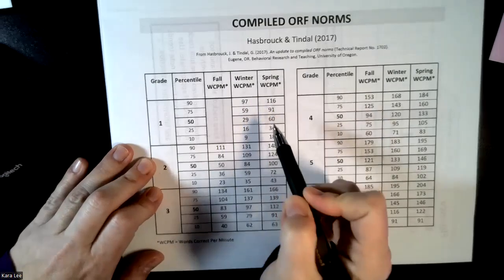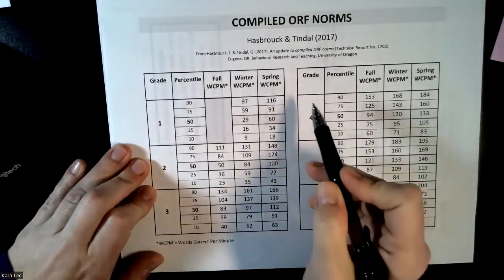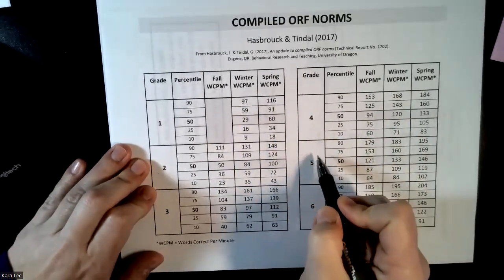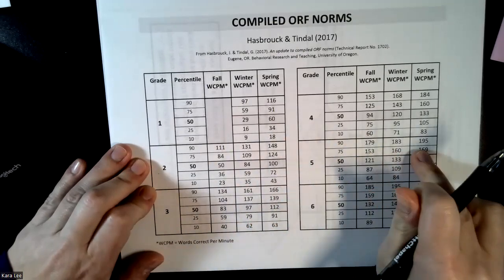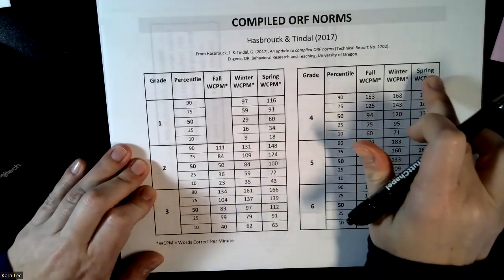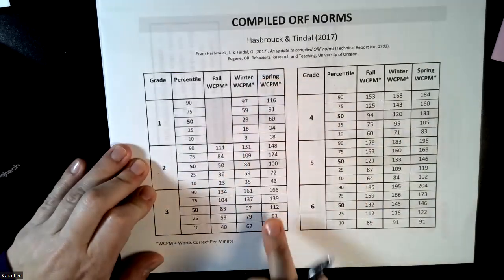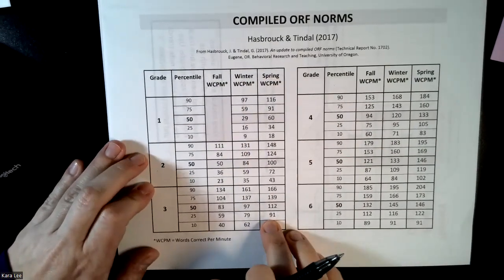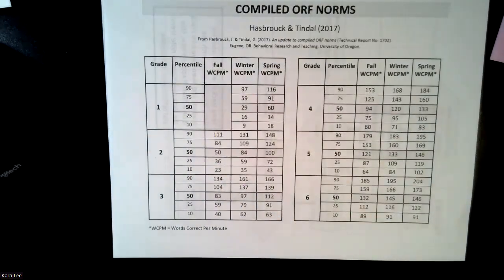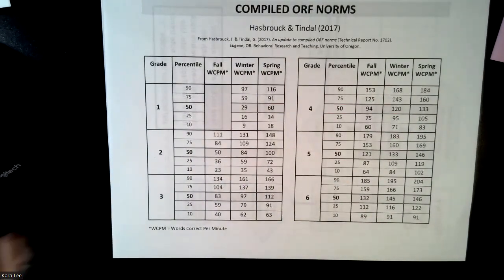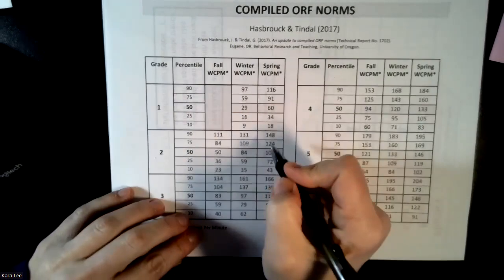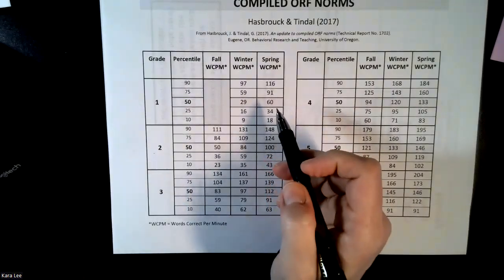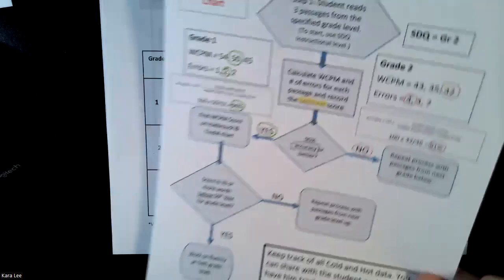That would be true for any grade level that I'm looking at that is below the kid's actual grade level. I'm always going to look in the column that is for spring, the end of that school year. Okay. Even if I'm in the fall of 5th grade, doesn't matter. So, now I'm looking here. Okay, great.